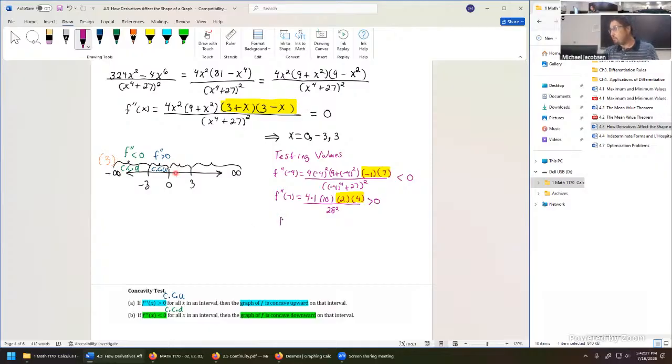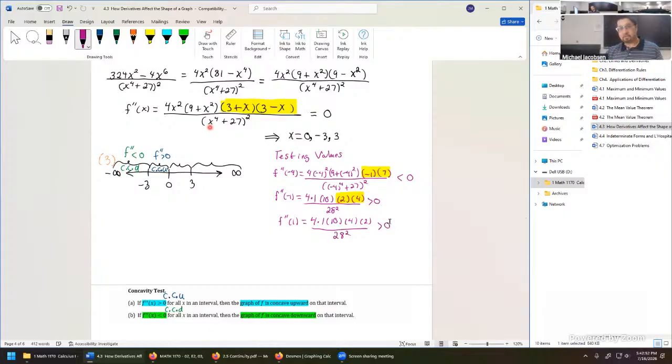So test another value, f double prime at 1. This is just like before. This would become 4 times 1. This is 9 plus 1, really, so times 10. This would be 4 times a 2 from this one. The denominator is still 28 squared when we plug a 1 in for x.